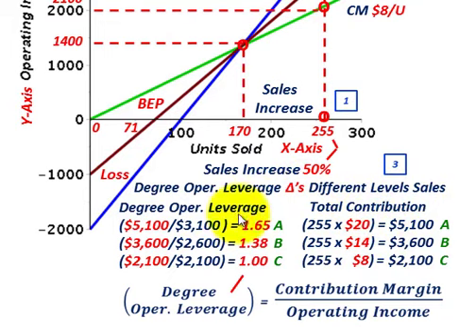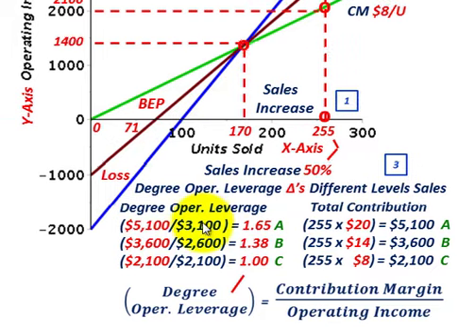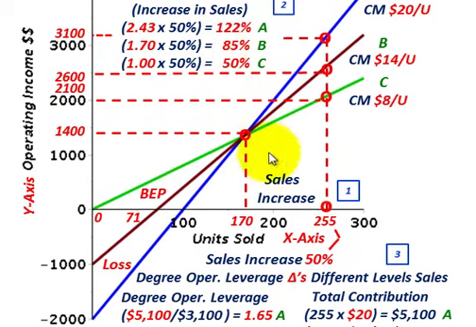Simply take our total contribution of $5,100 for A divided by our operating income. Let's go up and look at it so we understand what's going on. When we recalculated our operating income based on that sales increase, we came up with $3,100 for alternative A. It increased from $1,400 by 122% up to $3,100.